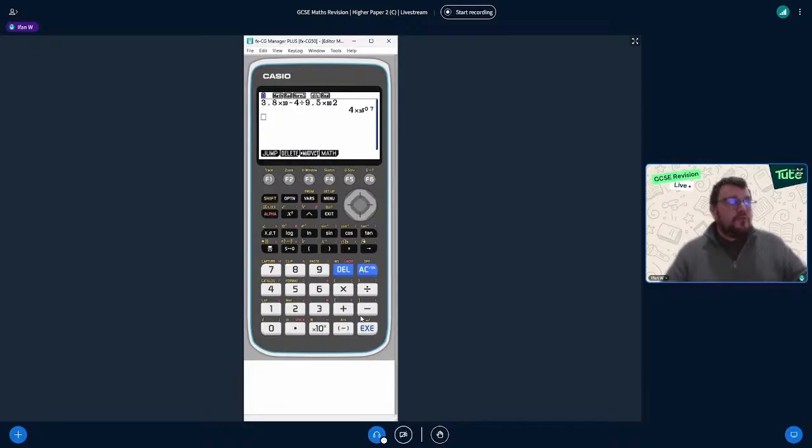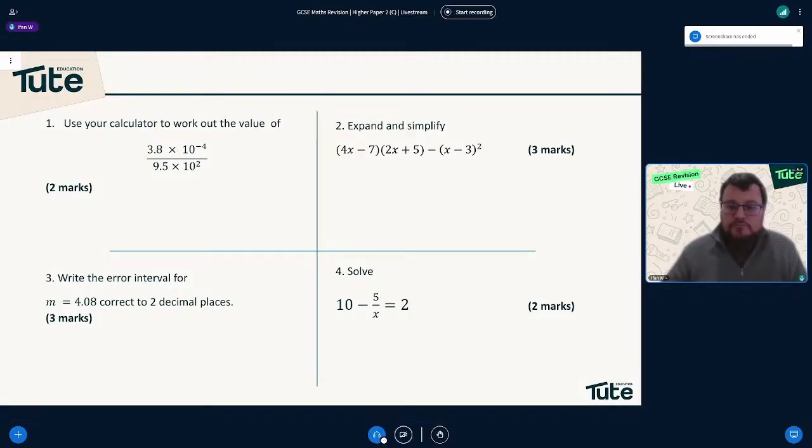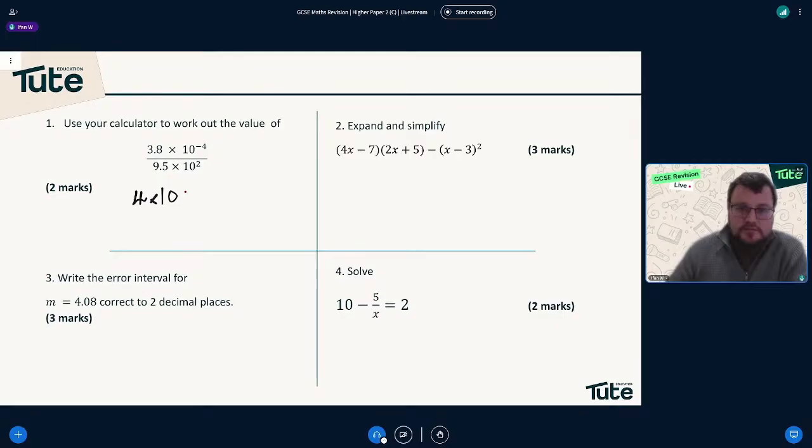And I get 4 times 10 to the power of -7. It is a little bit hard to see on this calculator, but that does say -0.7. It will be easier on some calculators, okay? So all you need to do there is 4 times 10 to the -7.